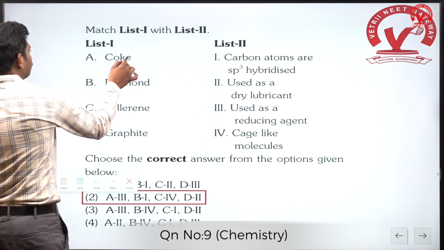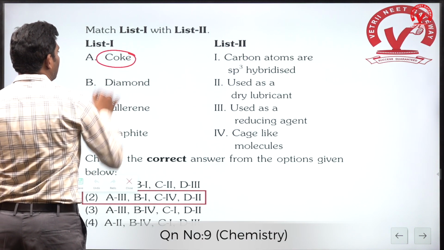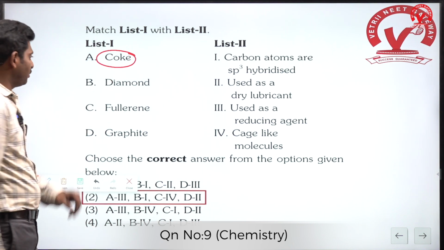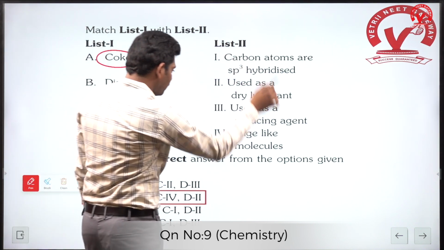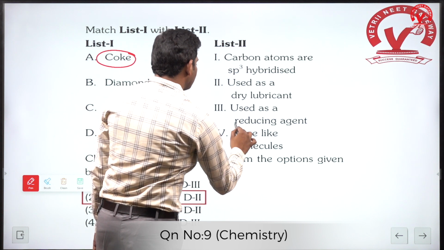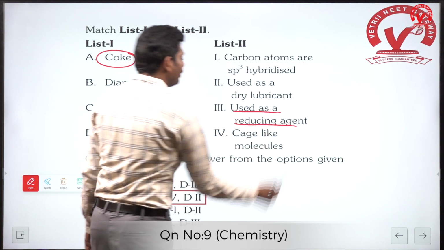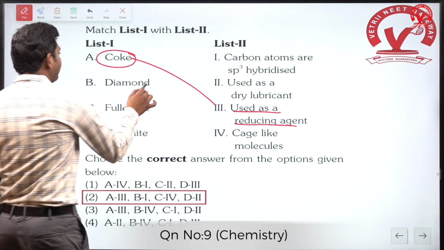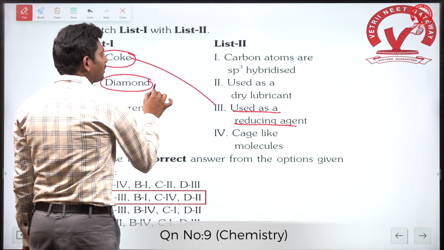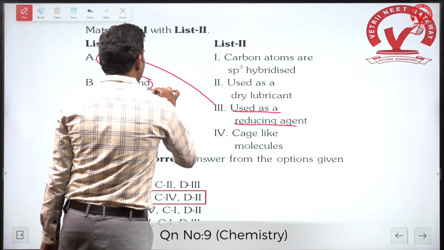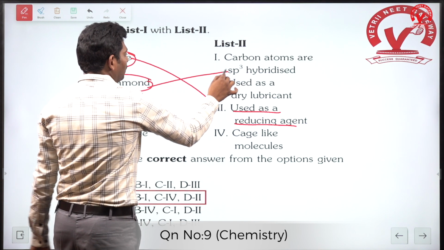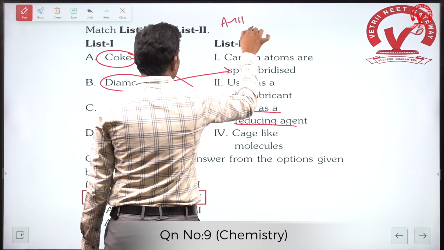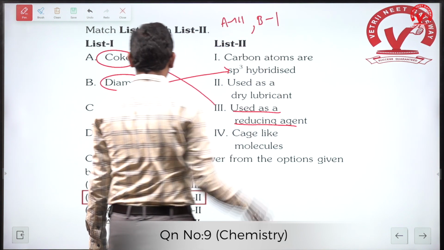Coke, generally it is carbon. Coke is a good reducing agent. You can check, is there any option with a good reducing agent? Yes, this one is used as a reducing agent. So coke is 3. Then diamond: carbon atoms are in sp3 hybridization. So A is 3, B is 1.